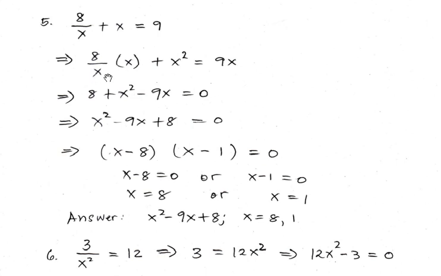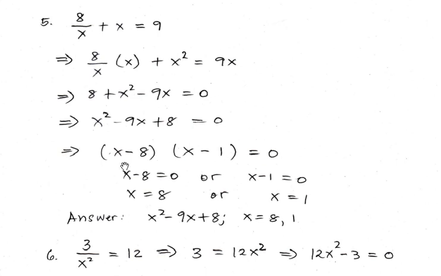X will cancel out, so that leaves us 8. Then we have x times x is x squared and equals 9x. So we have here 8 plus x squared minus 9x equals 0. Rearranging the terms, we have x squared minus 9x plus 8 equals 0.